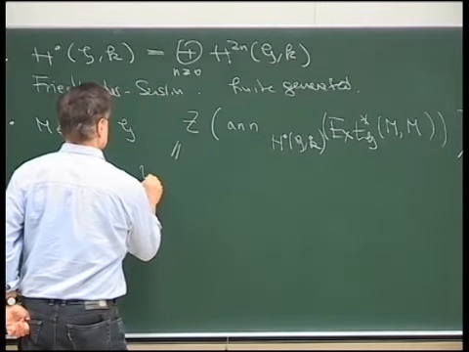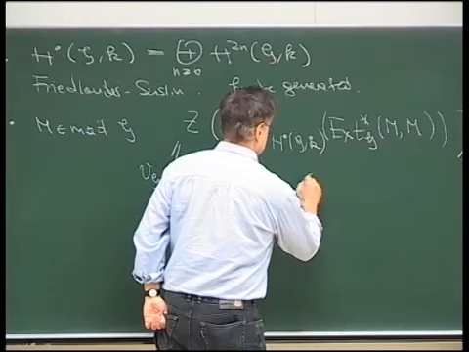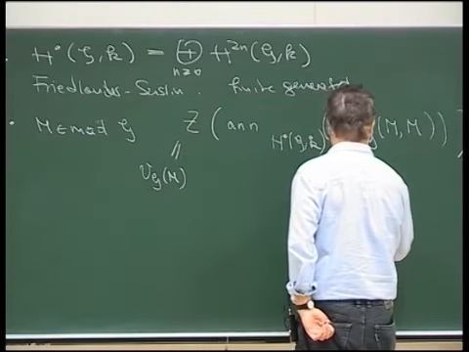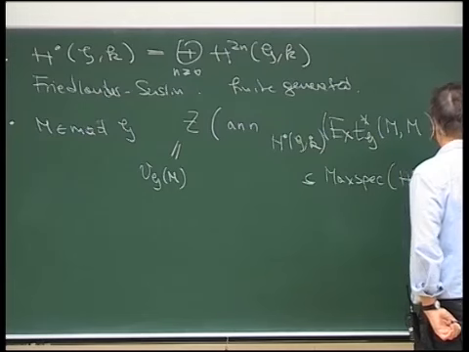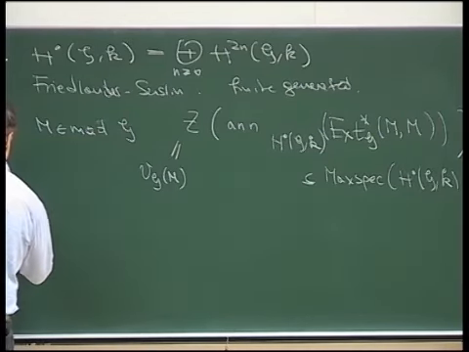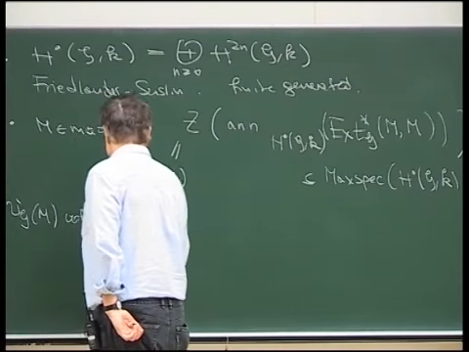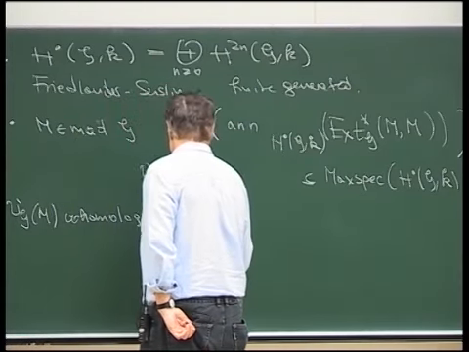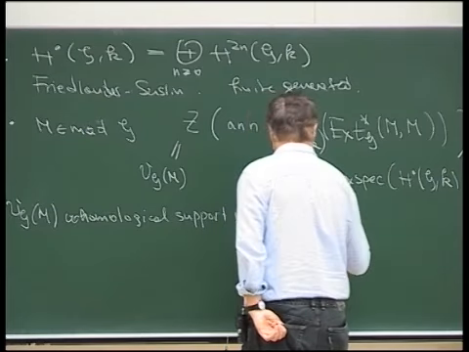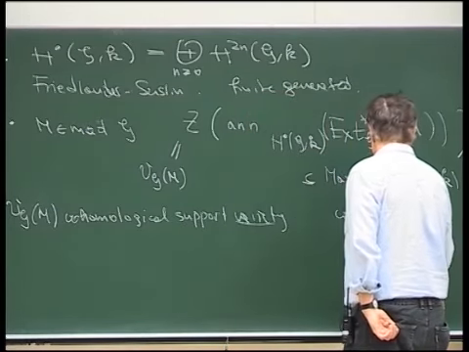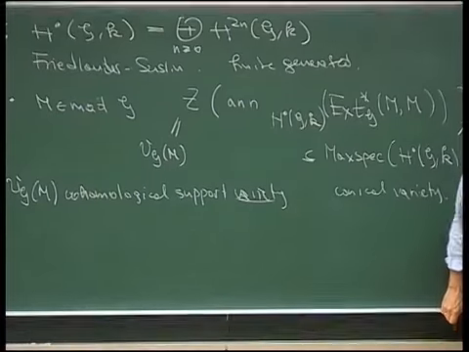And what we're going to get is the cohomological support variety, which lives inside the maximal ideal spectrum of this finitely generated algebra. So V_G of M is the cohomological support variety. And it's a conical variety, which will be important later when we look at the associated projective varieties.